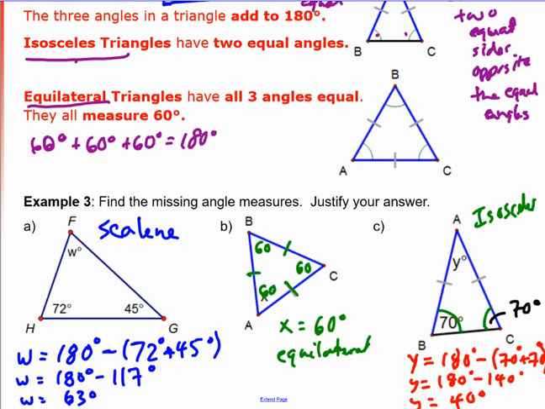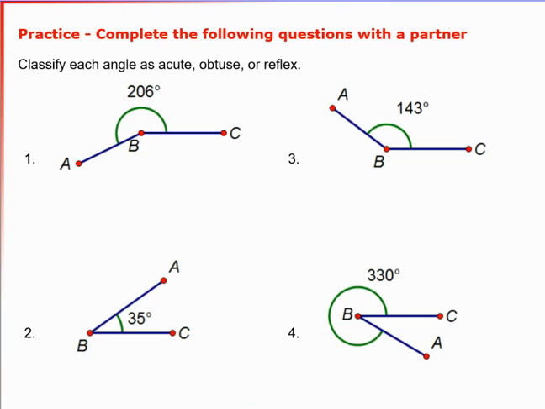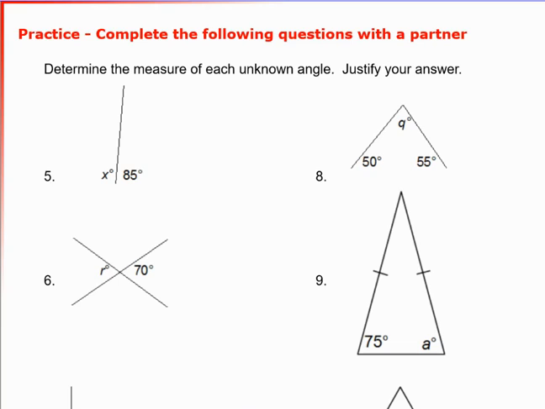So those are the examples of the day, and then you have practice questions. Again, classifying angles as acute, obtuse, or reflex, maybe straight also, though I don't think there's a straight one there. What else? Determining angles from what we've learned.